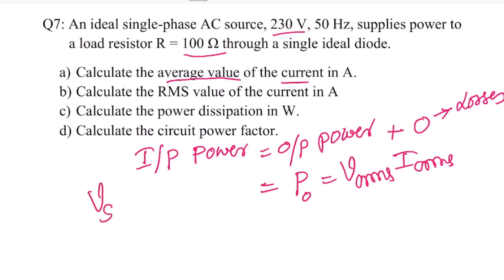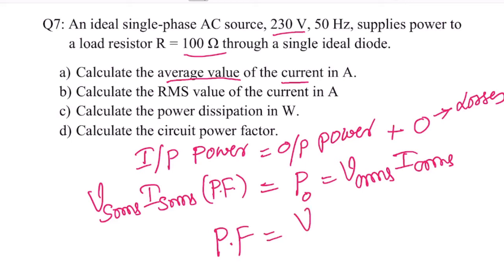Then what is the input? Input is supply RMS voltage into supply RMS current into power factor. Then power factor is equal to output RMS voltage into output RMS current divided by supply RMS voltage into supply RMS current.